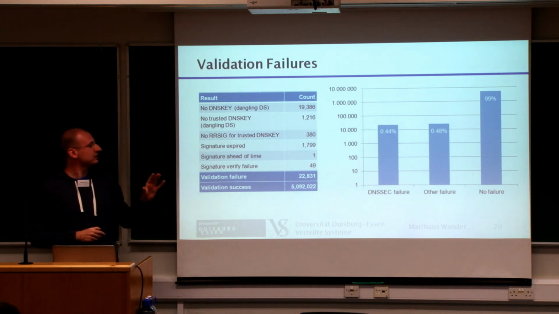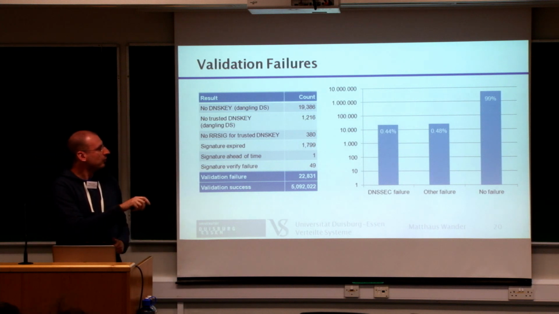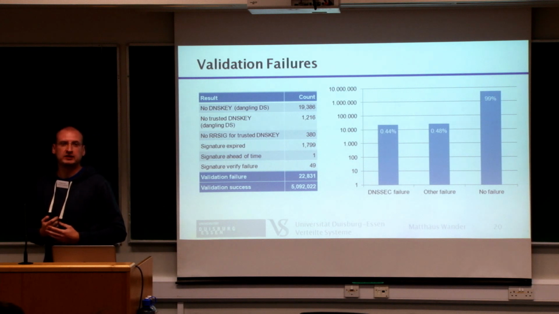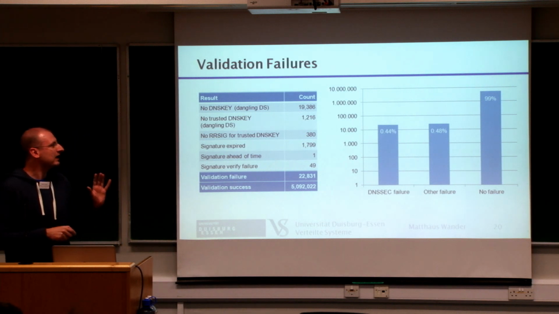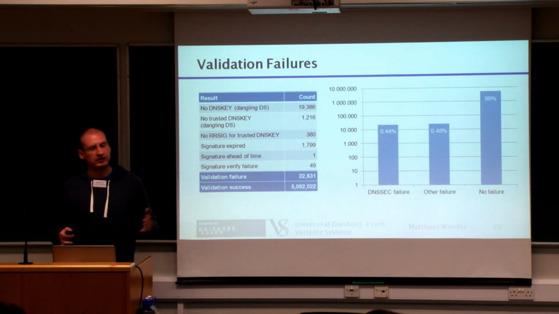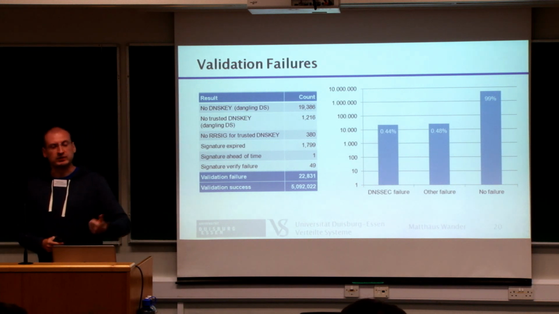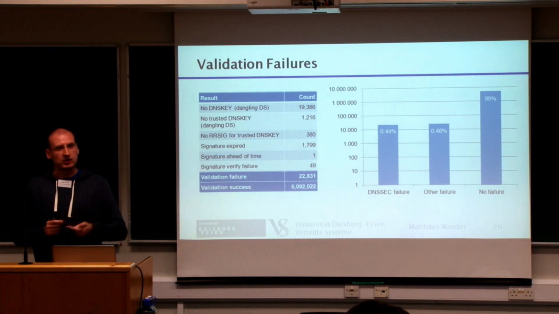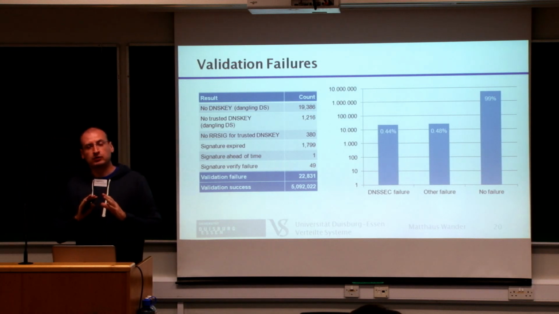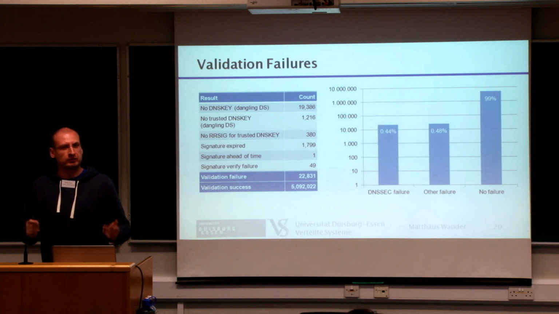Okay, but if we put this into perspective, we had 0.44% of domains that had validation errors, but there were another 0.48% that had generic DNS errors. Servers not responding, maybe fragmentation issues, I don't know. I didn't really look into what those generic errors were. These were just errors where you couldn't resolve domain names. This happens from time to time.